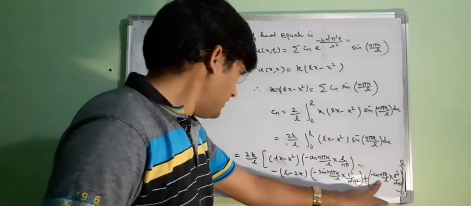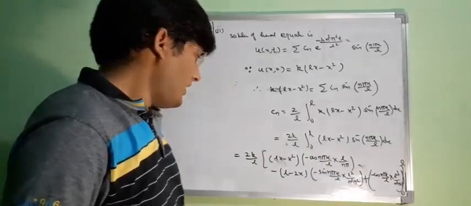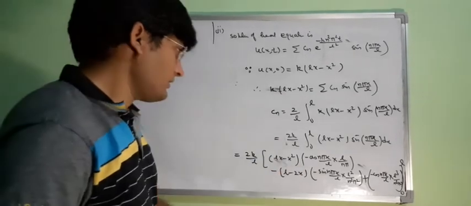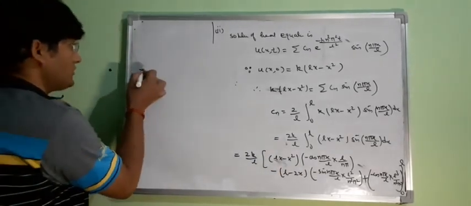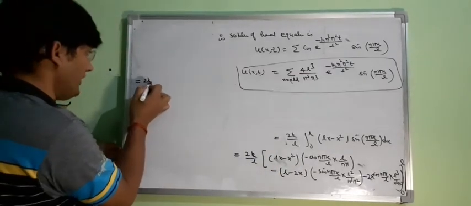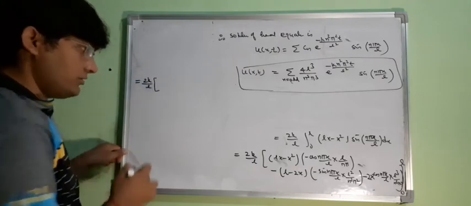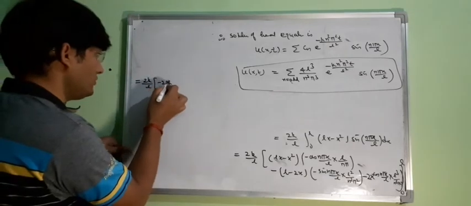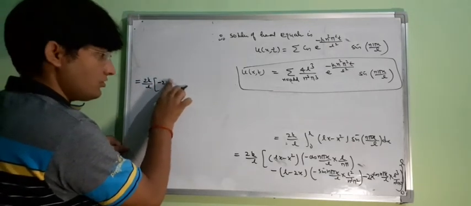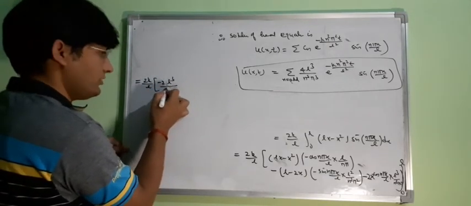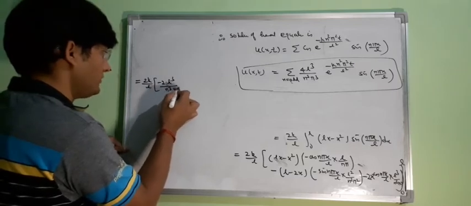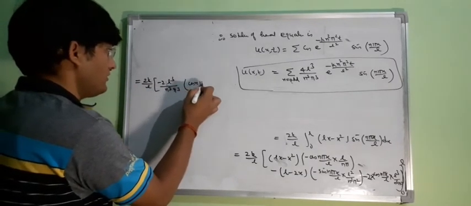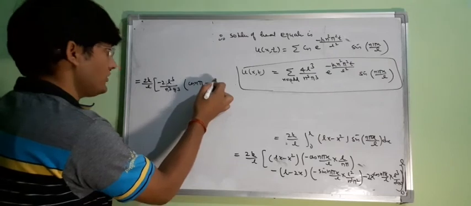So only the third term will survive, and therefore it is equal to 2k upon L, from here we will get minus 2 into L cube upon n cube pi cube, then we will have cos n pi minus cos 0, which is minus 1.